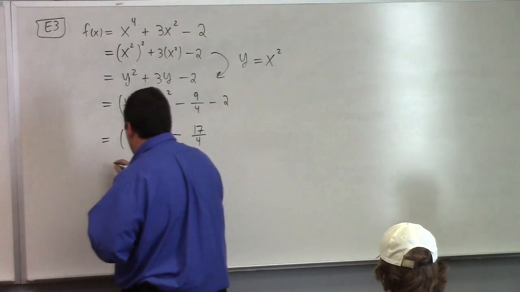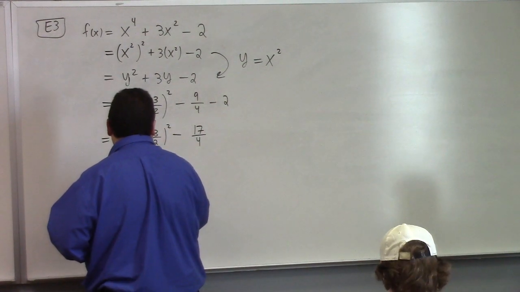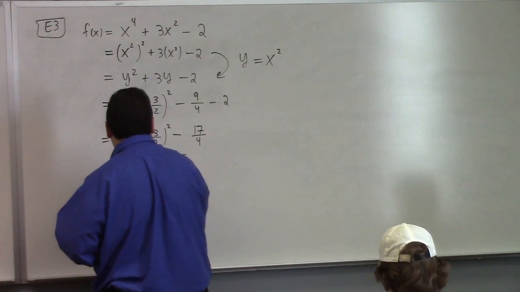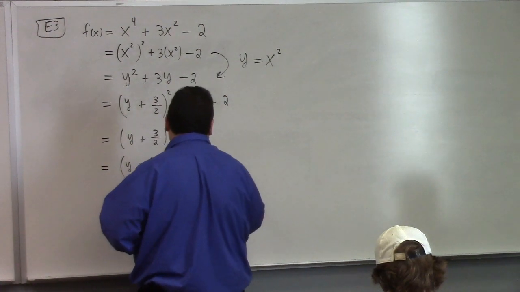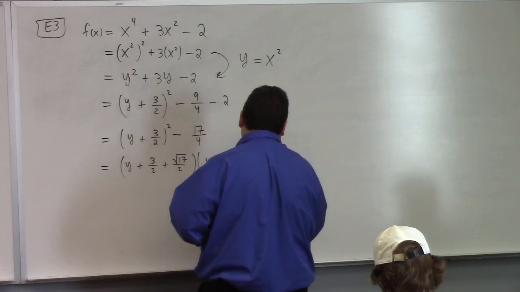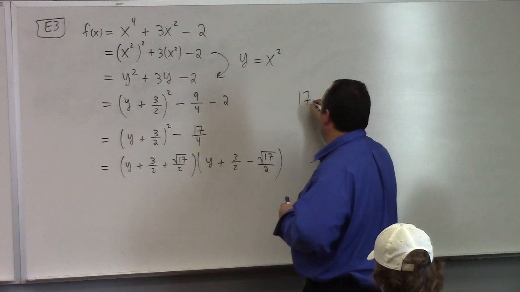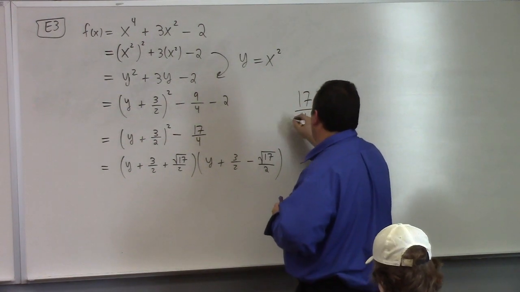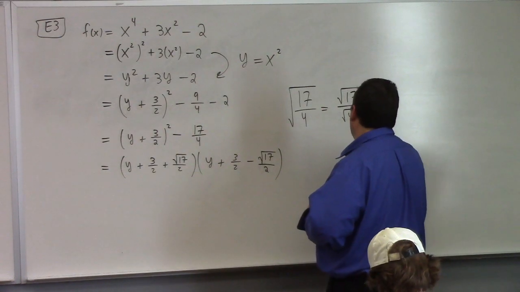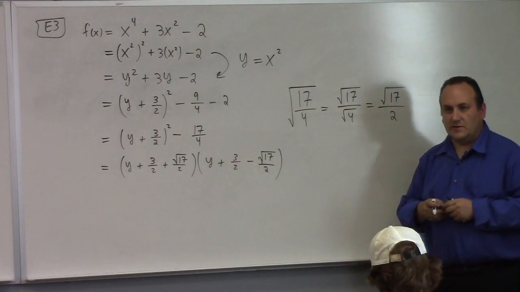Okay, so then we can factor: y plus 3 halves plus the square root of 17 over 2, and y plus 3 halves minus the square root of 17 over 2. By the way, the square root of 17 over 4 is the square root of 17 over the square root of 4, which is the square root of 17 over 2. That's why I have square root of 17 over 2 there.